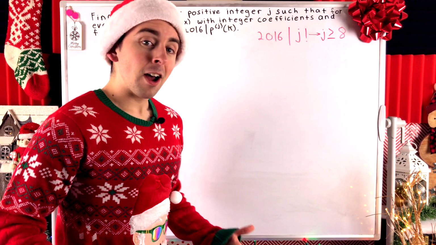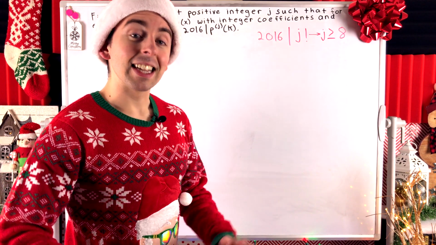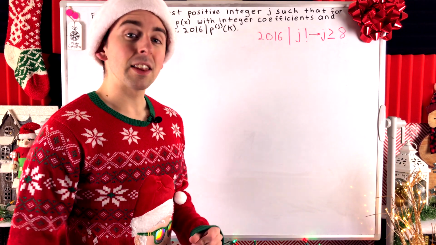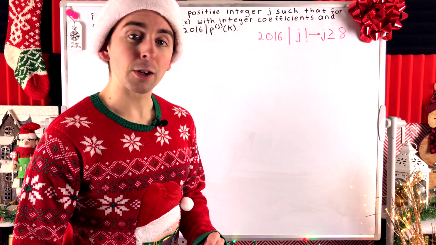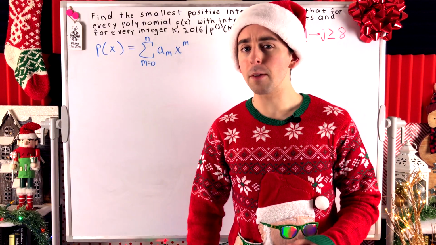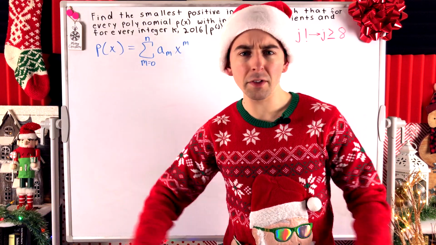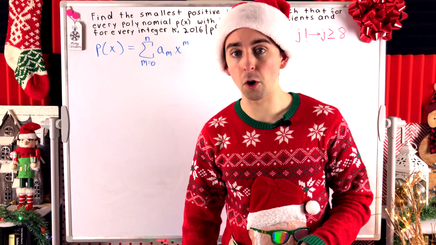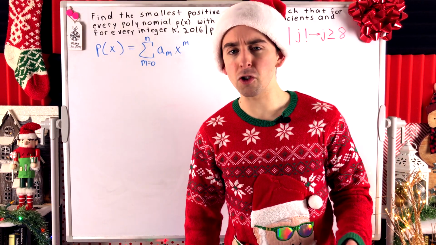To start this off, we need a nice way of representing any arbitrary polynomial with integer coefficients. Thankfully, there's some very nice, elegant mathematical notation to help us out in just this situation. Remember that a polynomial is just a sum of a bunch of different terms, so we can represent our arbitrary polynomial, p of x, using summation notation.